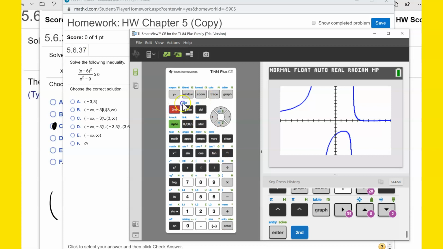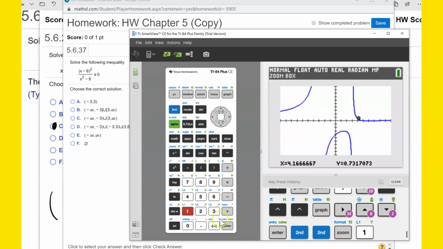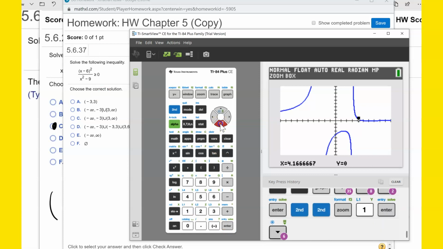Okay, I forgot. I think it got out of zoom box. If I want this to be the first corner of my box, I hit enter there. Then I go down, and I'm going to draw my box kind of like this. I'm putting the cursor where I want my other corner of my box to be. So I'm thinking like right there. That's kind of what I want to see.